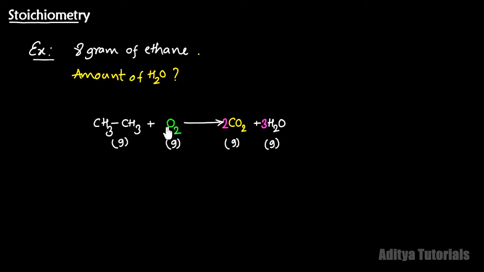Let's come to the oxygen. Here we have 2 into 2, 4, plus 3 oxygens, that is 7 oxygens. But on this side we have only 2 oxygens. To make it 7, I multiply oxygen by 3.5, that is 3 and 1 by 2, or 7 by 2. Now it is a balanced chemical equation.